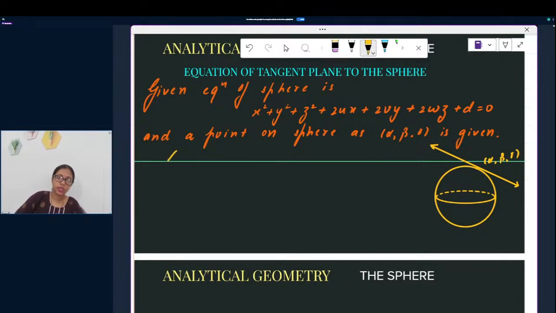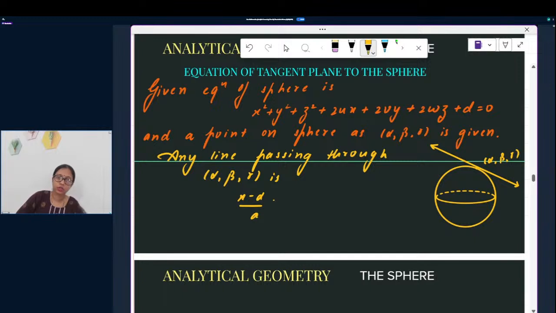Now, any line passing through alpha, beta, gamma is (x minus alpha)/a equals (y minus beta)/b equals (z minus gamma)/c. If I know the values of a, b, c, then this is the equation.